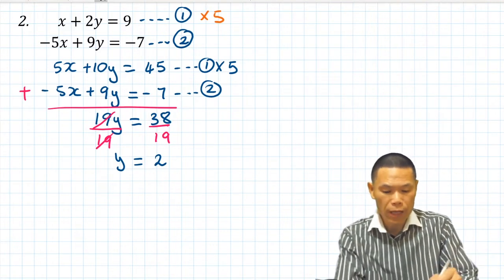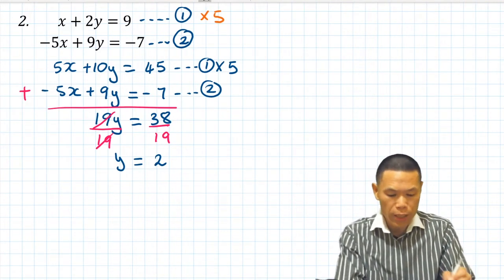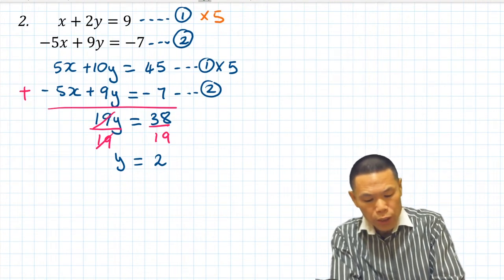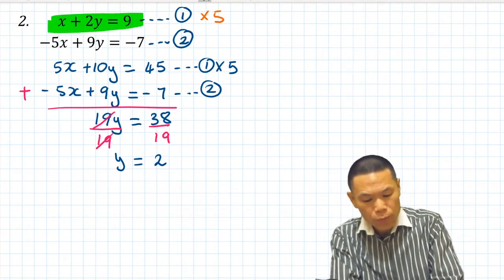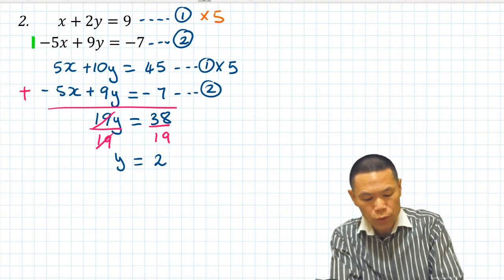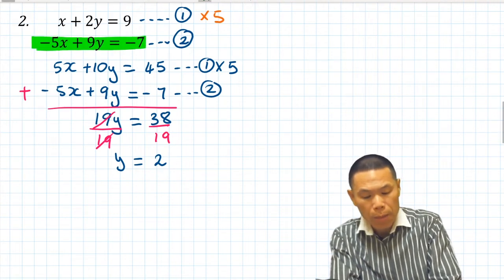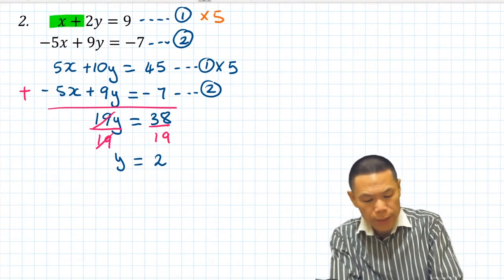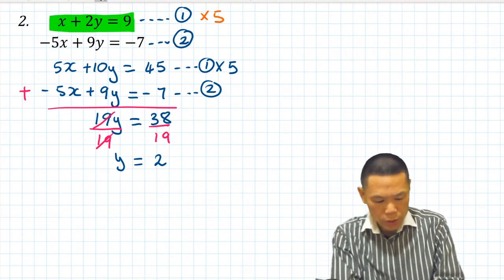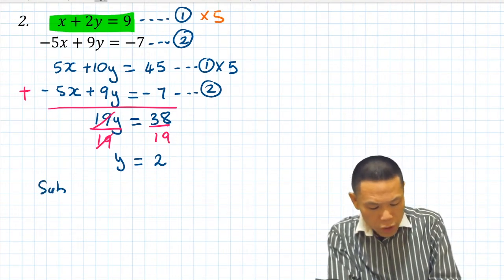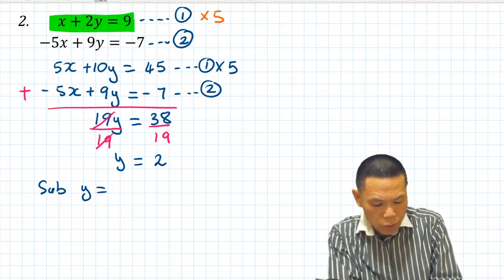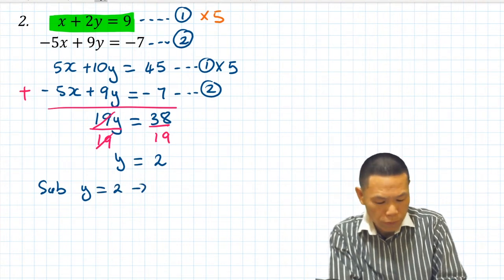Now to find the value of x, I substitute y equal to 2 into the first equation, or we can substitute into the second equation. But the first one is easier. That's all. So I just write: substitute y is equal to 2 into the first equation.